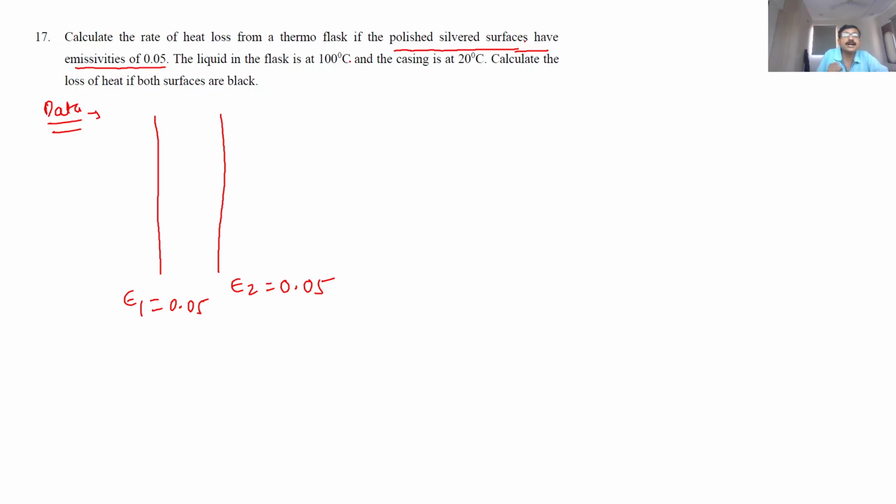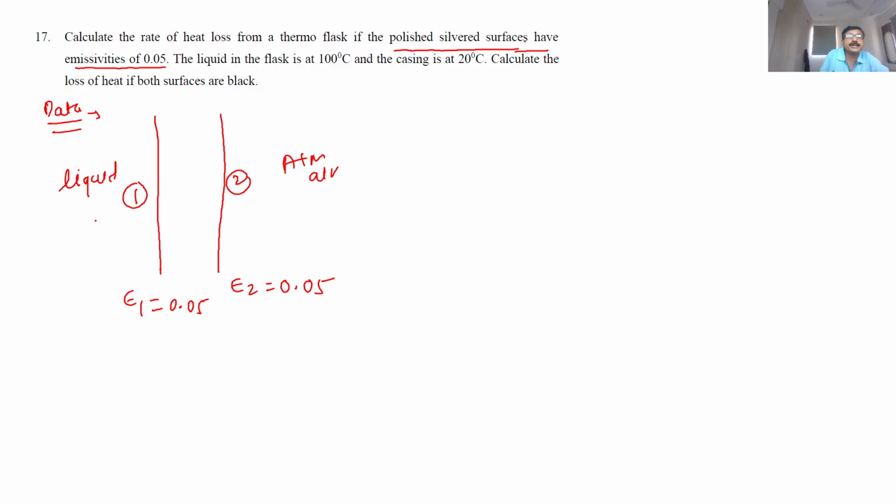Liquid in the flask is 100 degrees Celsius. So this is the inner wall, number 1, and this is the outer wall. So where will the liquid be? This side liquid, that is maybe T. Okay, and here what is present? Atmospheric air.